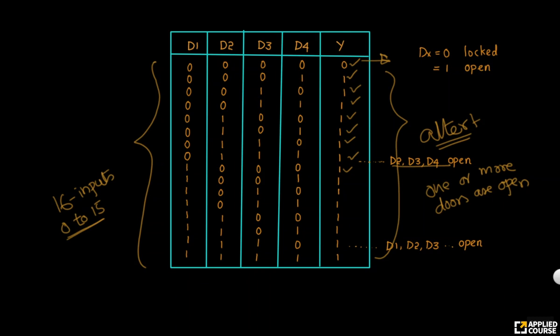Now we want to write a Boolean expression for this door lock alert system, DLA. This is the truth table for the door lock alert system.